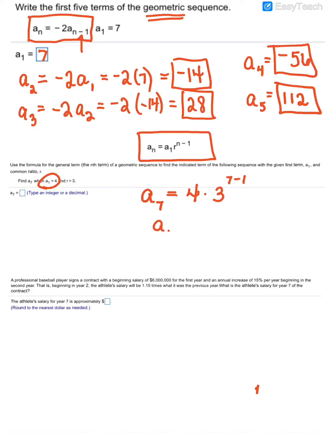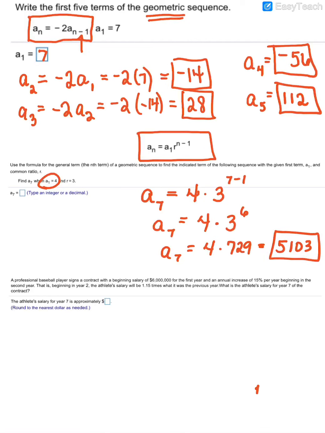The 7th term is 4 multiplied by 3 to the power of 6. On a calculator, 3 to the power of 6 is 729, and 729 times 4 is 5,103. So my 7th term is 5,103.